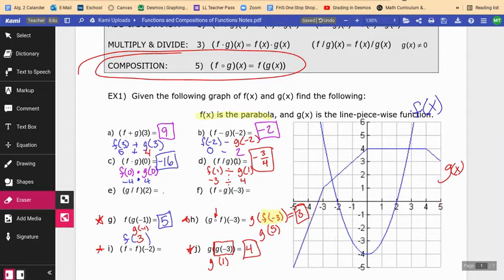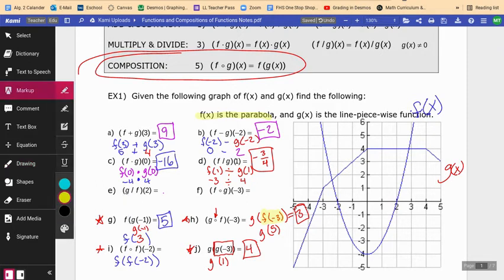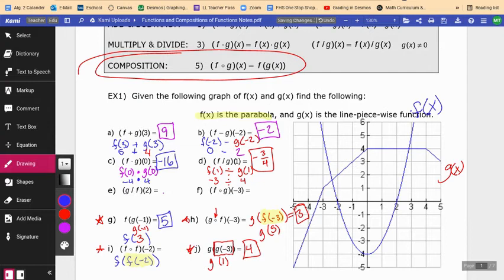Okay, and then the last one, we have f of f of negative 2. Again, I'm going to do f of negative 2 first, just that inside part. So here's negative 2. It intersects f at 0, right?